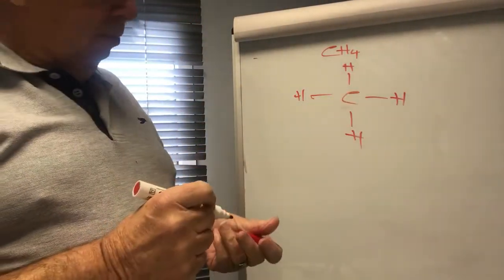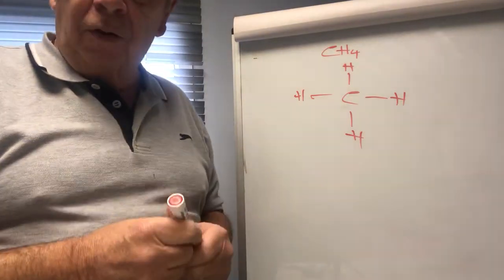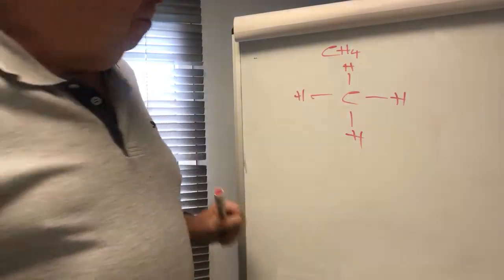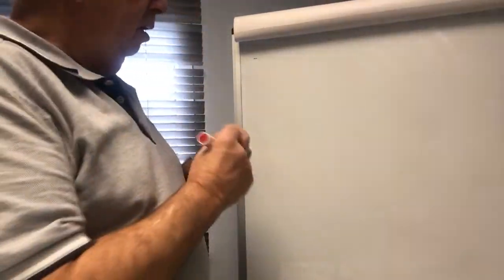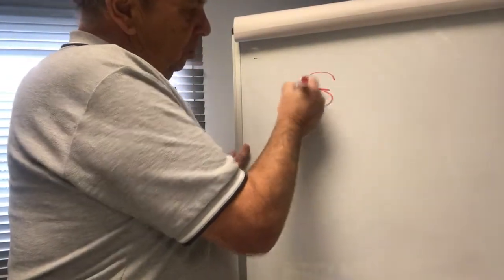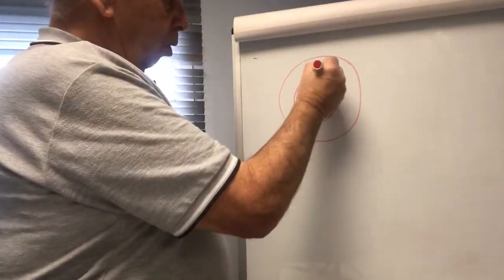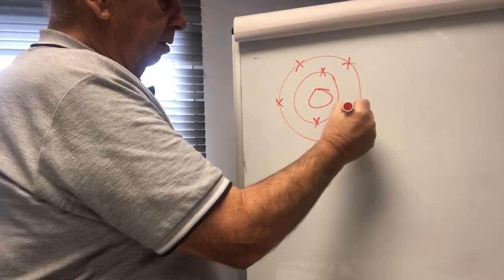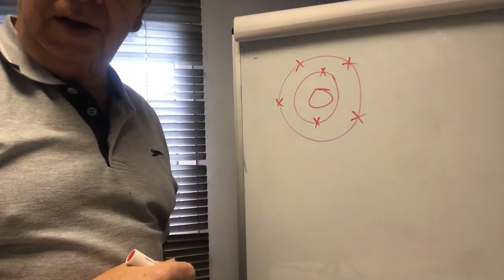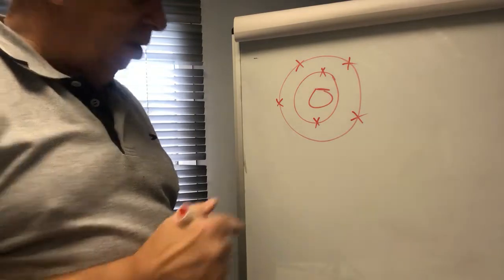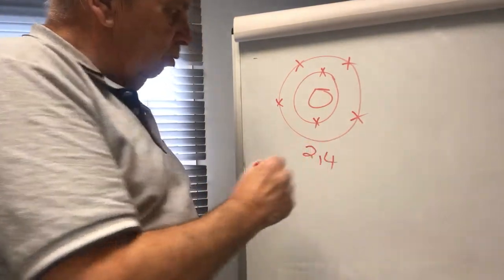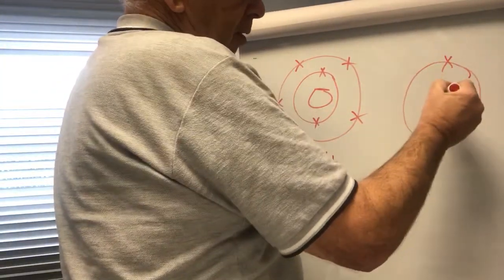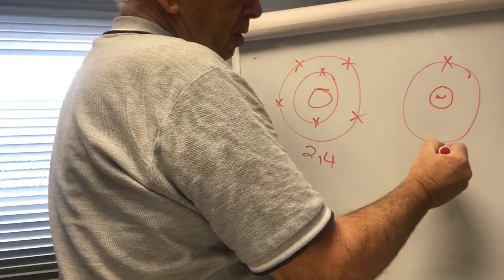Carbon is found in group 4 because it's got 4 electrons in the outer shell. Carbon is a nucleus, 2,4: 1, 2, then 1, 2, 3, 4. 4 electrons in the outer shell. Its structure is therefore 2,4. Here is hydrogen next. There's a nucleus. Its structure is basically just 1.